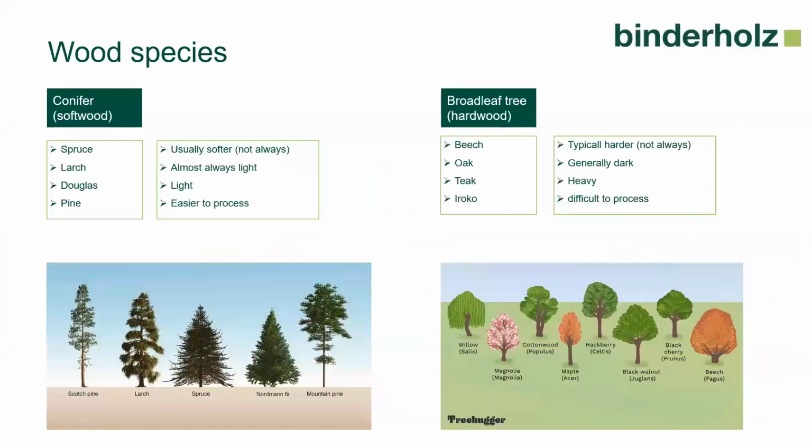Before going into the details, as we already heard a lot about the CLT production, I will take the topic: how do we process trees to create engineered wood? First of all, I would jump into a general point. Typically, we have the timber divided in two species: conifer, needle tree, softwood, as it's often called, or leaf tree, hardwood.